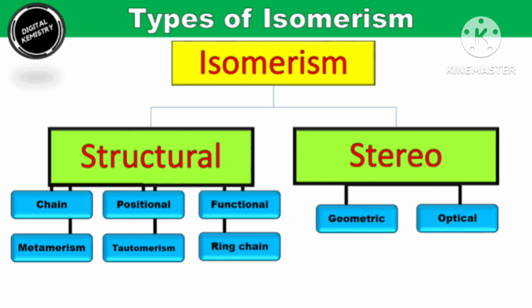Now see, pentane has 5 carbons and isopentane also has 5 carbons. Both have the same molecular formula. The number of hydrogens is also the same, and the number of carbons is also the same.